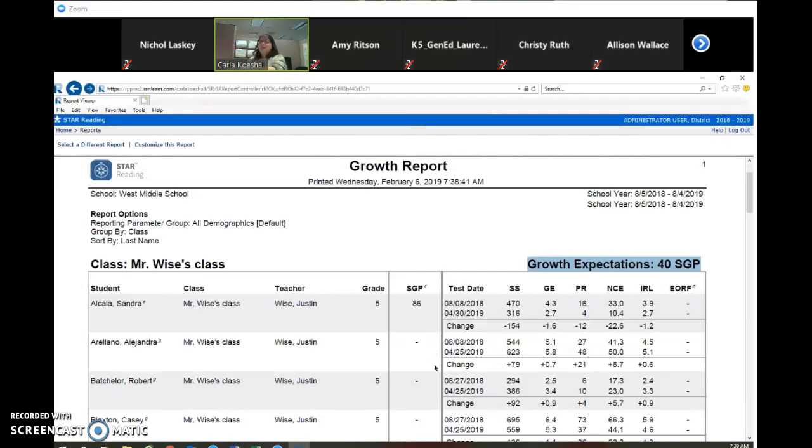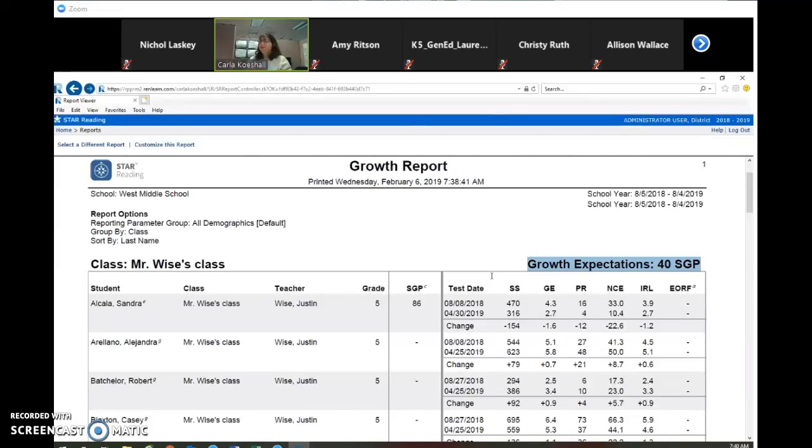See how there's a darker gray line here, separating SGP from the other scores? Because it's handled just a little differently. When you look at the other scores over here to the right, we have scale score, grade equivalent. Grade equivalent is a normed reference score comparing them to other kids.